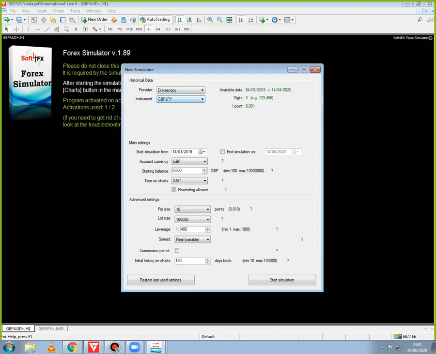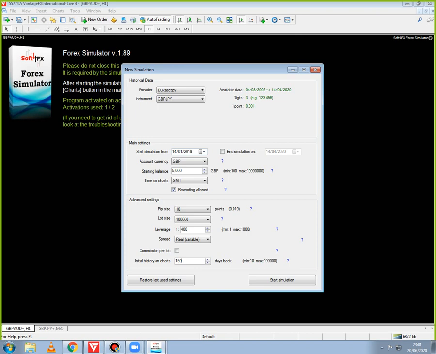So we're going to be trading GBP JPY, just for small account purposes. I'm going to be using a starting balance of £5,000. I chose to start from mid-January 2019, only because I'd already back tested the first week of January.